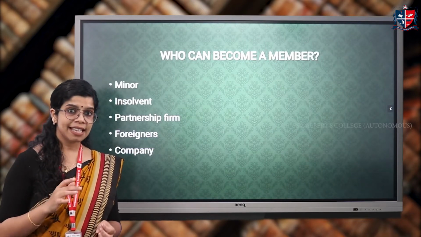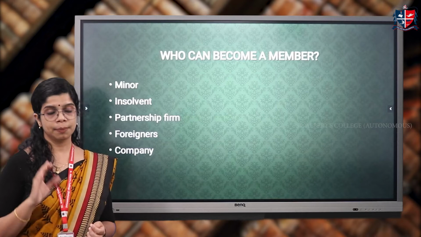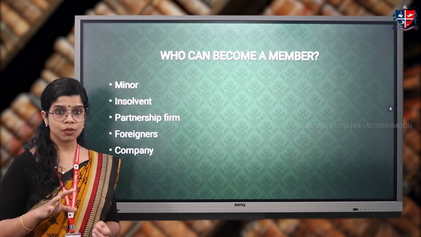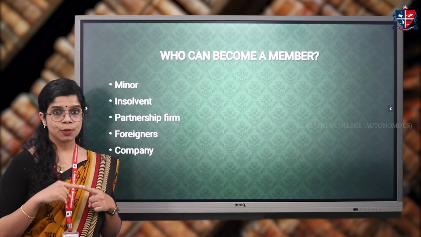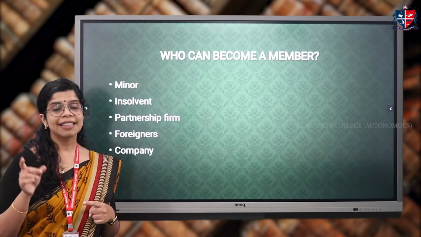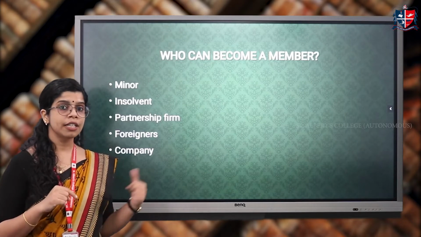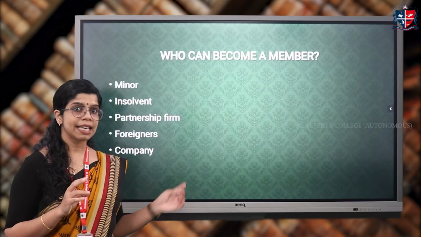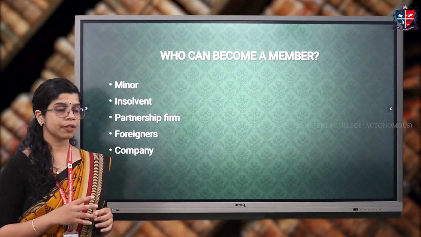So in this case, the minor can become a member of a company even though he is not competent to contract. Number one, there has to be an agreement signed by the guardian with the company, and the shares that the company is allotting to the minor are fully paid up.